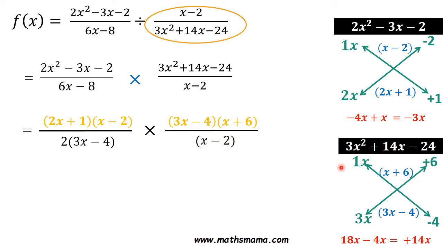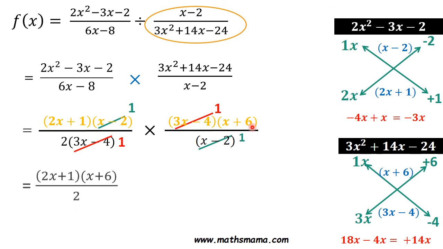So write all the factors in your expression, and now you can search for the common factors. We cancel off all the common factors you see here. When you cancel off, what will remain? Yes, you get 2x plus 1 times x plus 6, divided by 2. So here we got something else, but this is not the one we expected.